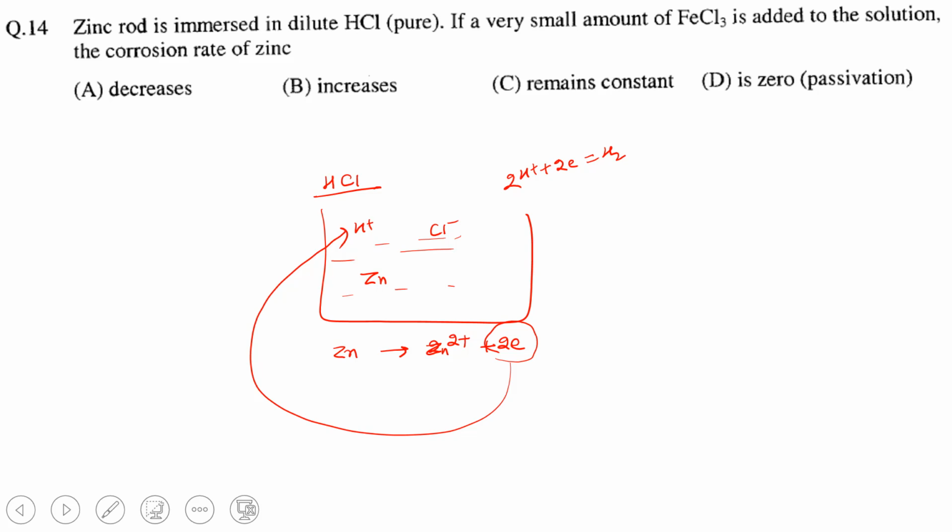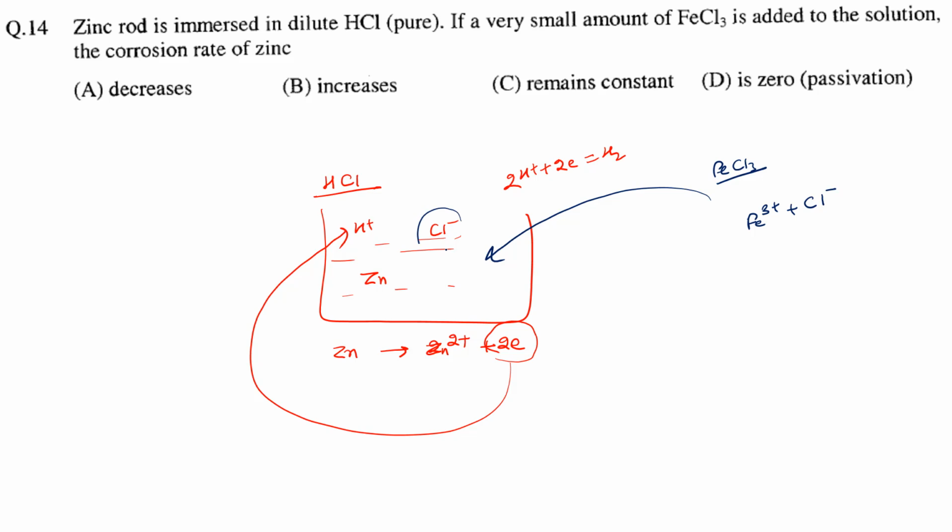Now suppose I am adding a third element, FeCl3. It will be like Fe3+ and Cl-. Initially we had Cl- and again we have this Cl-, no issue, but you see there is Fe3+. That means it lacks electrons, so it has a tendency to get some electrons. From where can it get them?